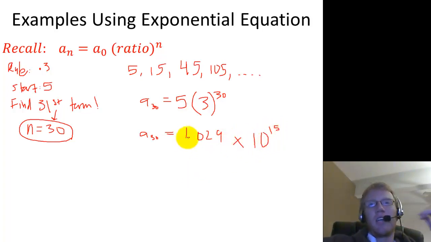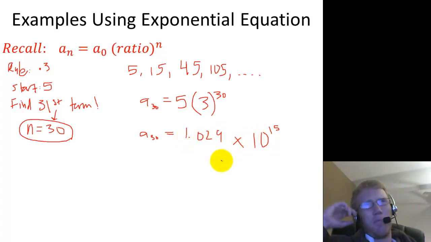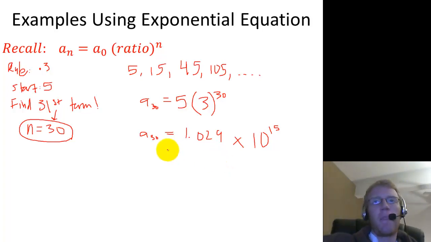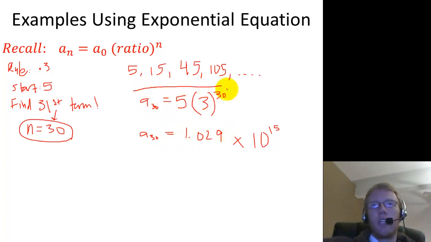That means you move the decimal place over 15 times. So this is over a trillion, something like that. So another reason why exponential notation is useful is a lot of times numbers are so big that it's easier to write it actually like this than like this. So even though this is the right answer, it might be better to write it in this form.